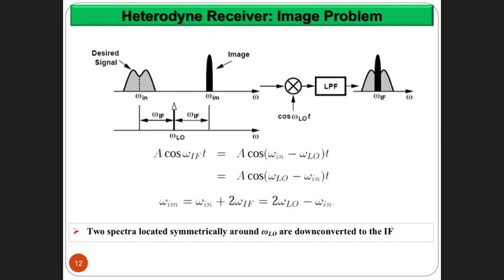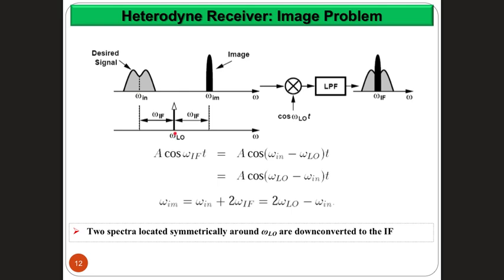What's the problem? Imagine that you have this local oscillator frequency, and this is the signal that you want to bring to the IF stage, right? The IF is going to be the difference between those two signals.